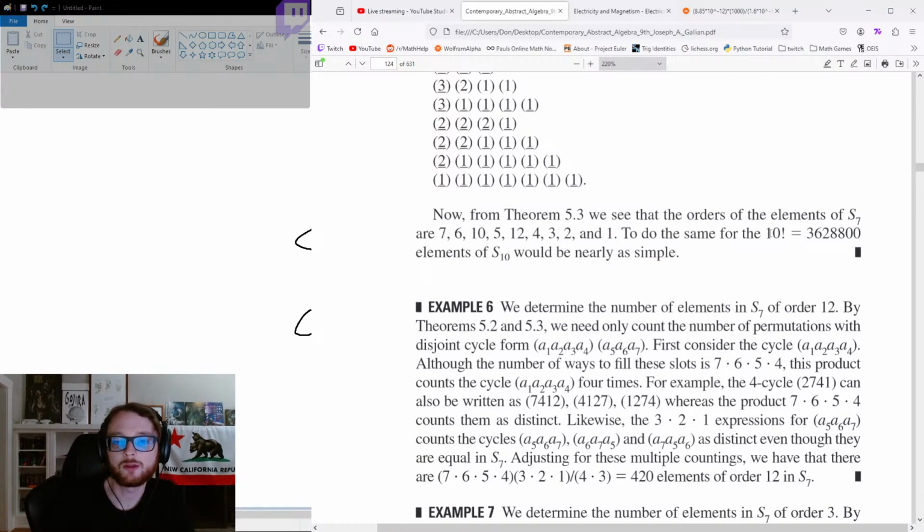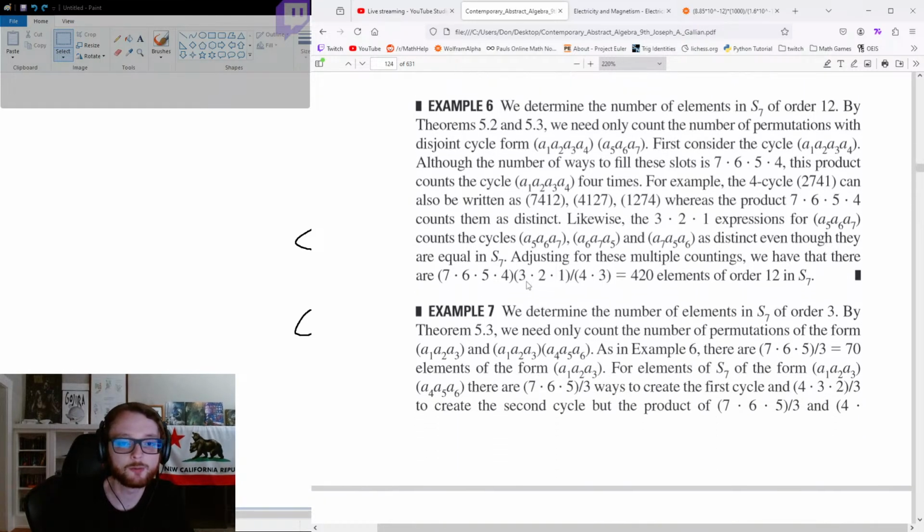To do the same for S10 will be nearly as simple, but it's going to get a lot harder pretty quickly. The number of elements of S7 of order 12: we only count the number of permutations with disjoint cycle form 4, 3. Why not 6, 2?